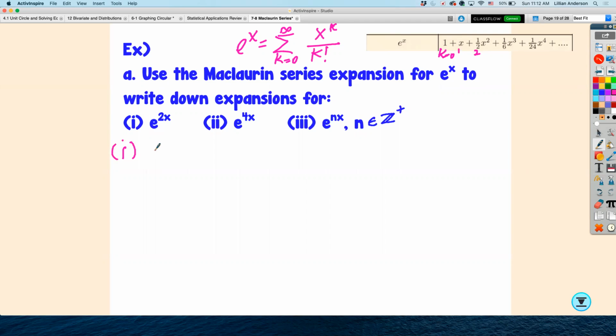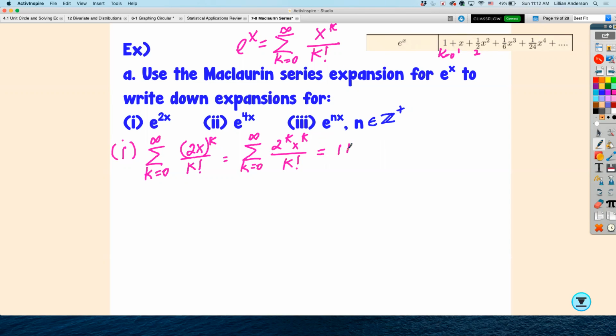So for part 1, the summation is going to be from 0 to infinity of 2x to the k power over k factorial, which of course can simplify down to be the sum from 0 to infinity of 2 to the k x to the k power all over k factorial.